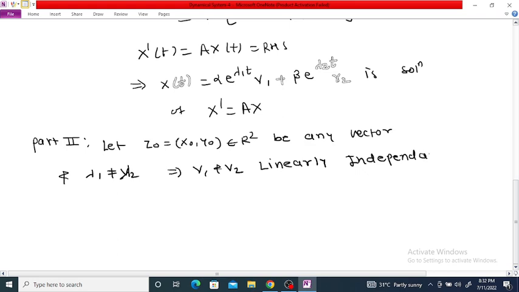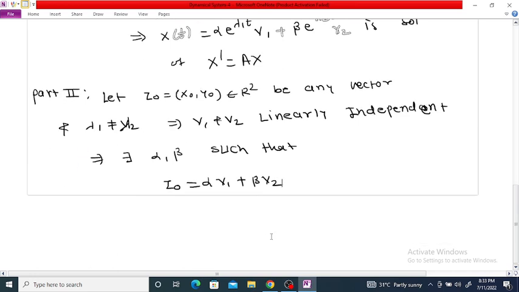These vectors are linearly independent, and this implies there exist scalars alpha and beta such that this z0 can be written as alpha v1 plus beta v2.